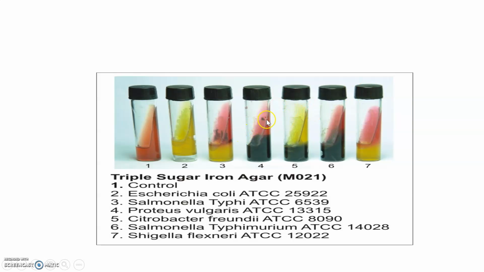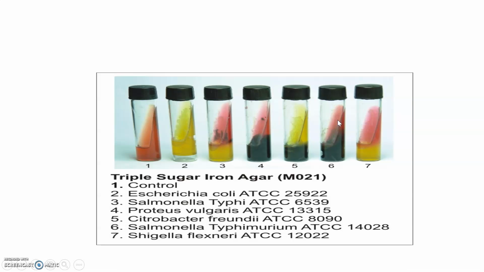So it is denoted as K by A with H2S. H2S is heavily produced in Proteus vulgaris. Then next is A by A with H2S, that is Citrobacter freundii. Here acid slant, acid butt with hydrogen sulfide.